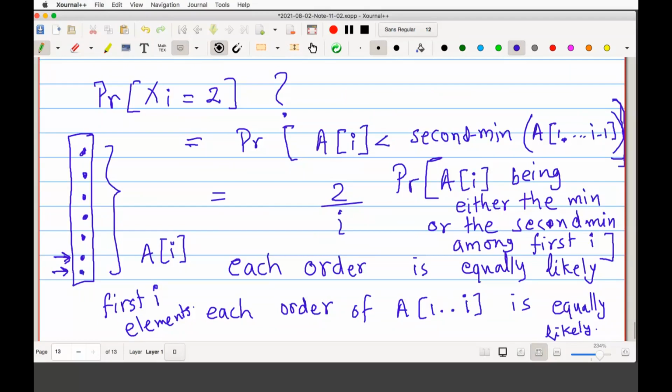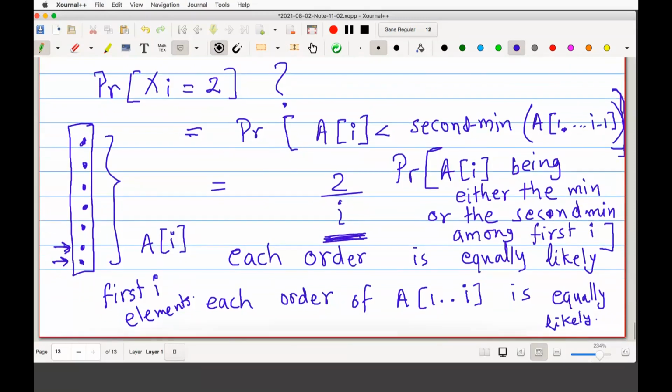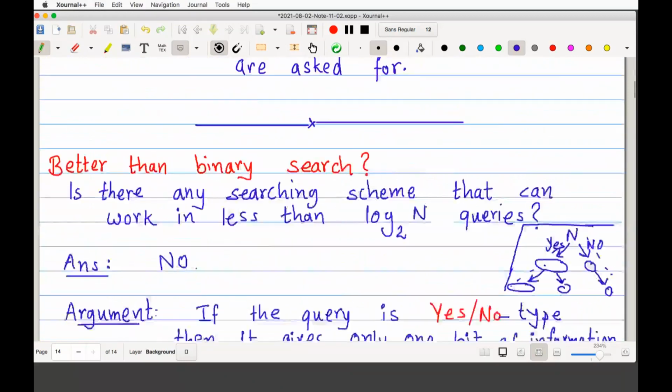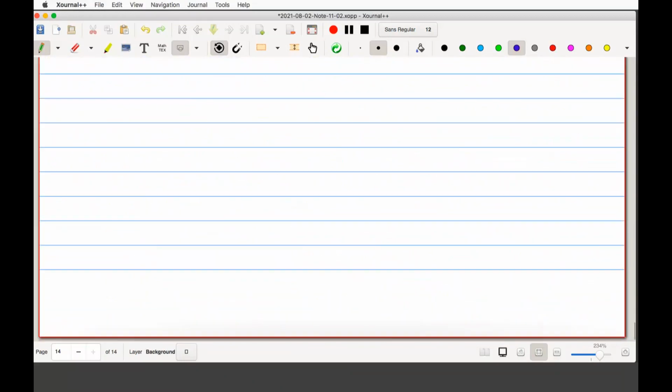What is the probability that the minimum or second minimum will be at the ith position? That probability is 2 by I. Okay, we'll continue this argument and finish the analysis next time. Any questions about this number 2 by I?